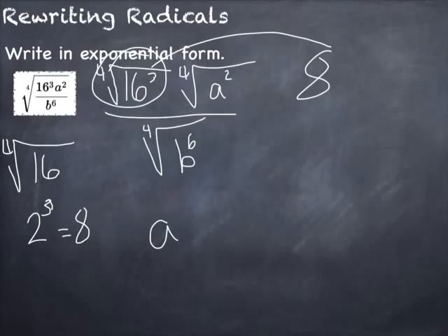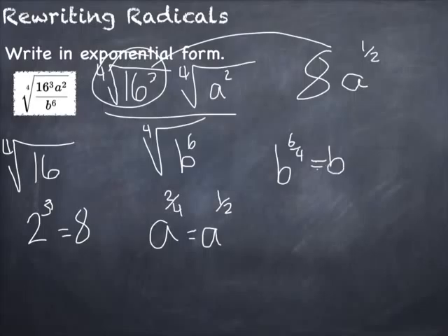A squared in the 4th root is a to the 2/4, which becomes a to the 1/2. And finally, in the denominator, we're going to get b to the 6/4, which simplifies to b to the 3/2.